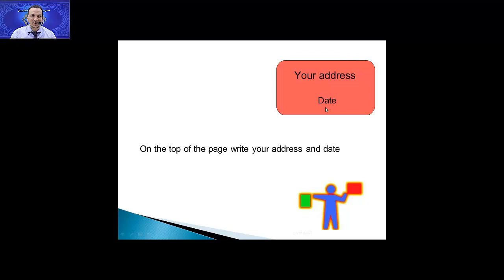If the exam gives you the address, you can write it on the right. But if the examiner doesn't mention it in the exam paper, don't write it. Then you have to write your address and date on the top of the page on the right.